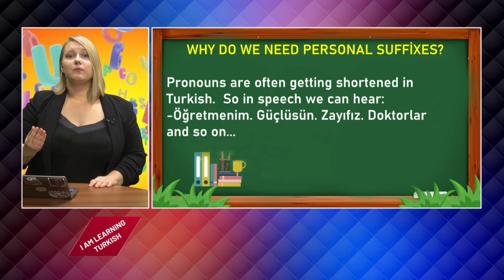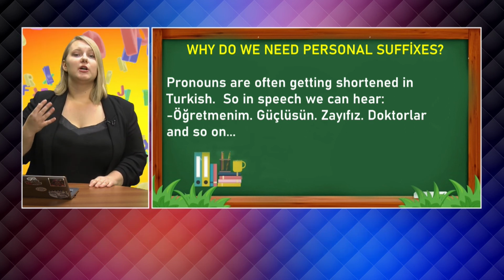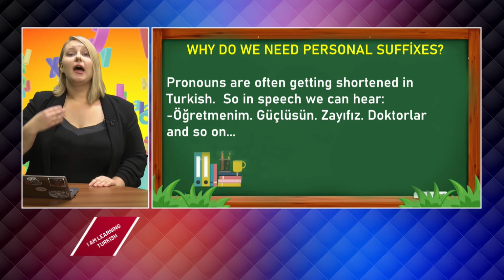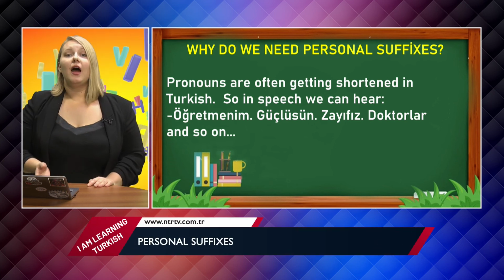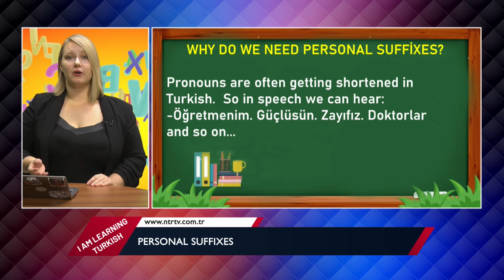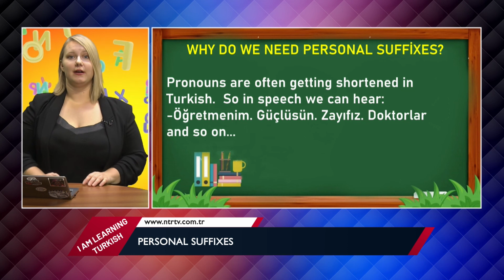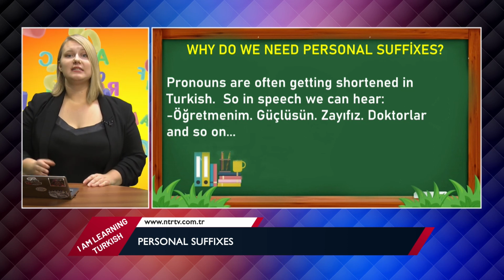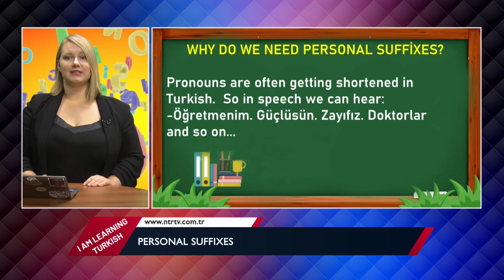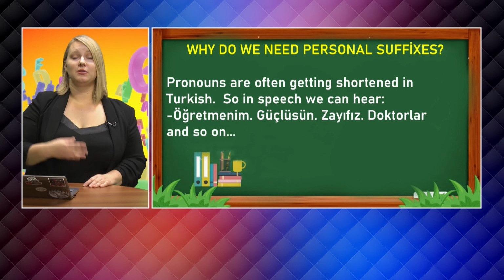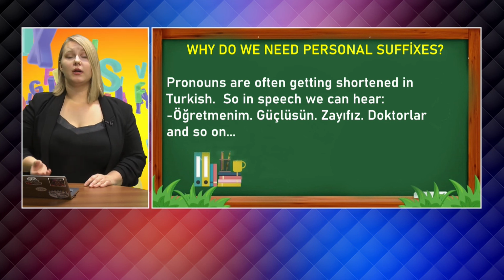We can pronounce them as just I am a teacher as öğretmenim, not ben öğretmenim. We can say you are strong as güçlüsün without adding sen there. Zayıfız as we are weak instead of biz zayıfız. Doktorlar instead of onlar doktorlar, and so on.